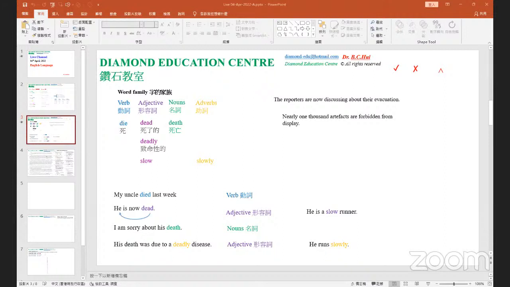transform, how to change a sentence from affirmative. You know what is affirmative? Affirmative sentence.